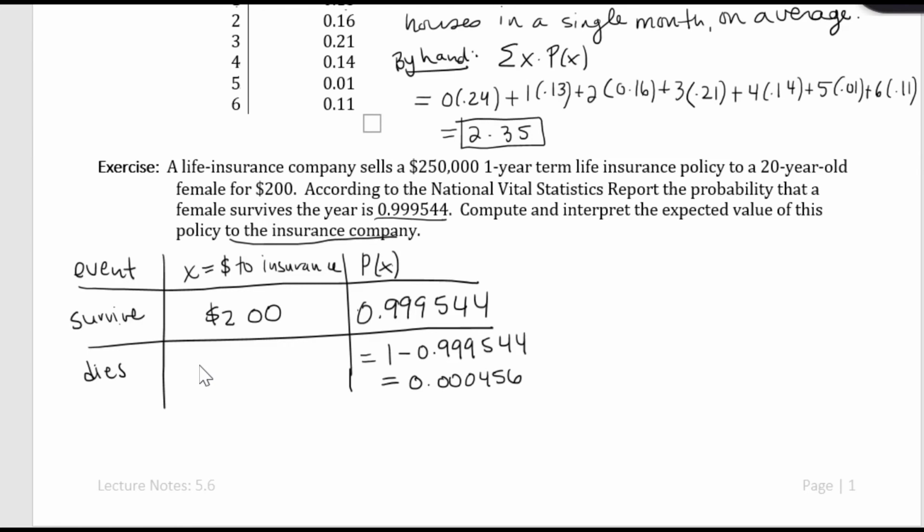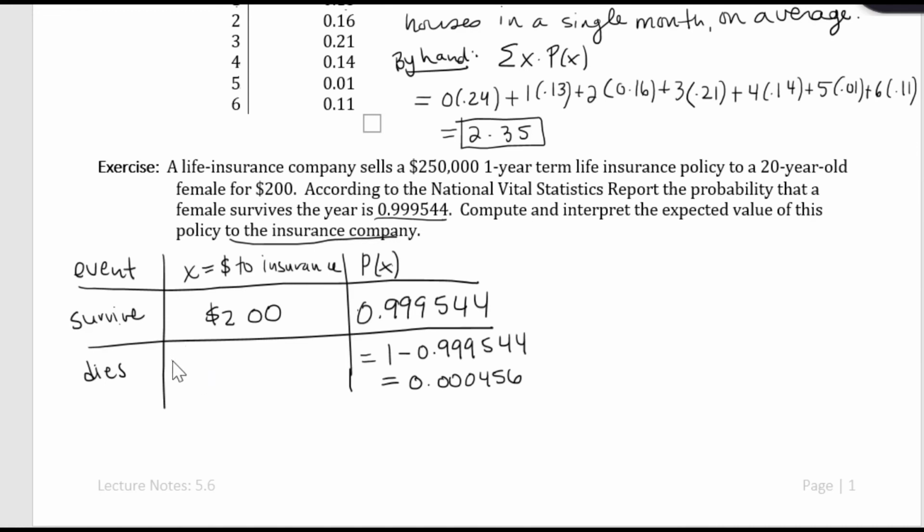Okay, then let's think about what the insurance company gets or loses if she dies. With insurance, you buy in with your premium, and then if the event that you're insuring against happens, the company pays you money, right? So if the female dies, the insurance company has to pay this $250,000 to her family. However, the only reason they pay this money out is because she bought into the policy to begin with.